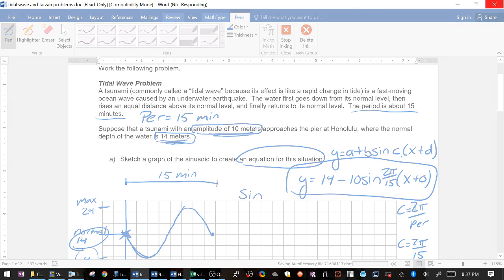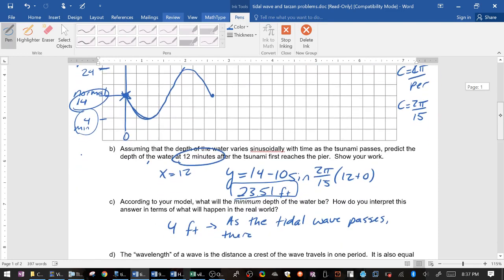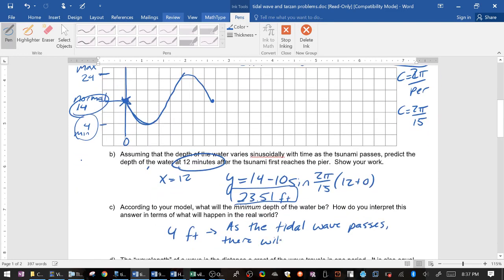Oh, it's not feet, it's meters. So as the tidal wave passes, there will still be 4 meters of water.